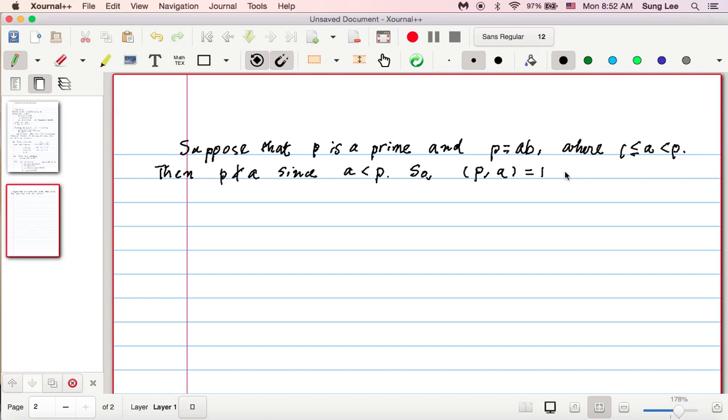This implies, by another property, remember the earlier property regarding relatively prime numbers: P equals A times B, which means that P divides A times B. And P and A are relatively prime, so in that case P must divide B. Do you remember that property?